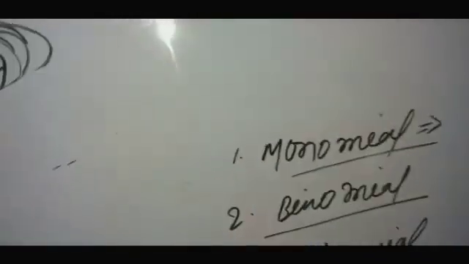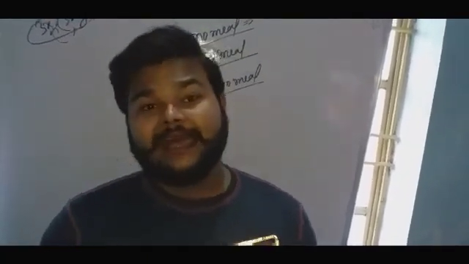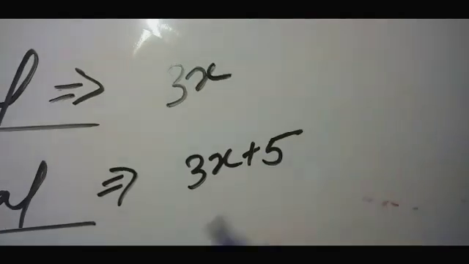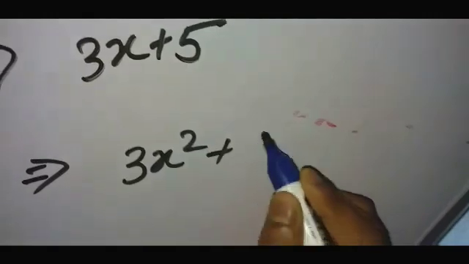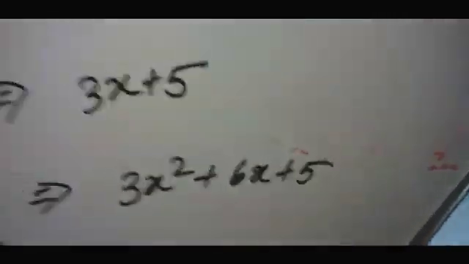An algebraic expression which has only one term is known as monomial. An algebraic expression which has two terms is known as binomial. An algebraic expression which has three terms is known as trinomial. As for example, monomial 3x, binomial 3x plus 5, and trinomial 3x square plus 6x plus 5. Understand, students?